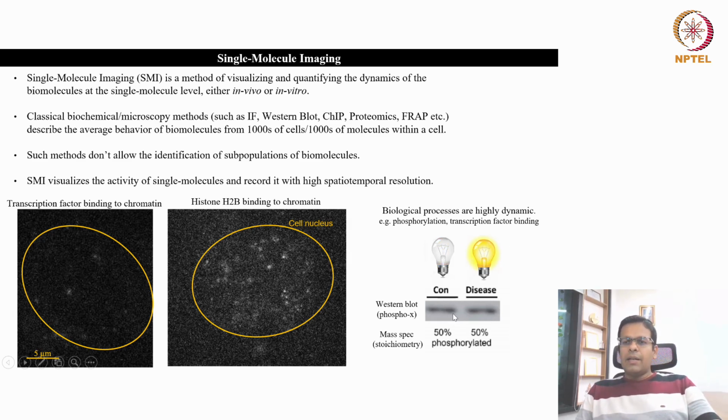At the time of cell lysis, let's say 50% of cells had the phosphorylated protein and 50% had non-phosphorylated protein. They will not show these differences, but will show that both have an equal amount of protein or equal amount of phosphorylated protein. Even mass spectrometry will do the same thing.